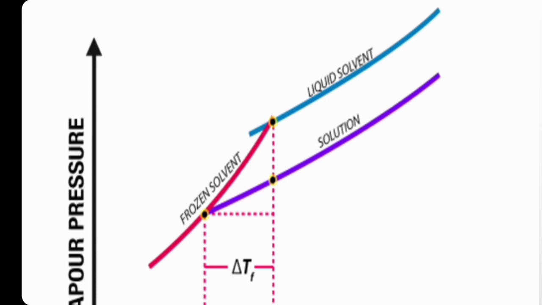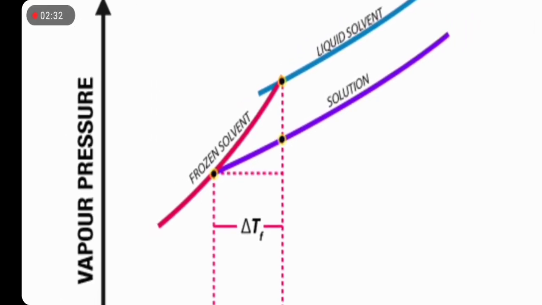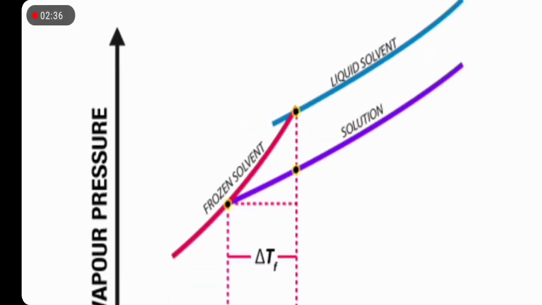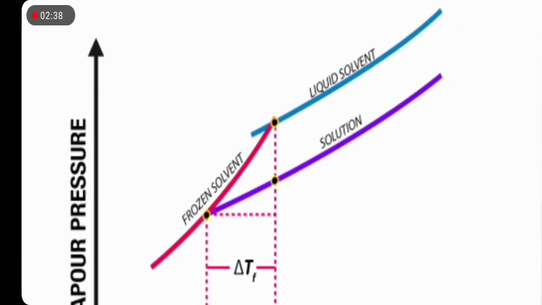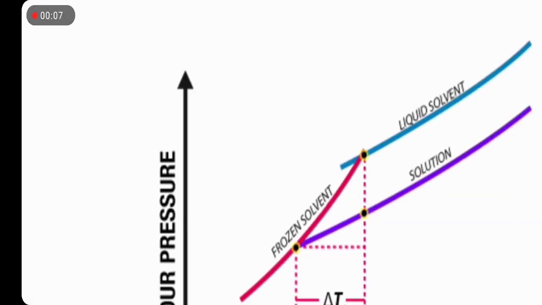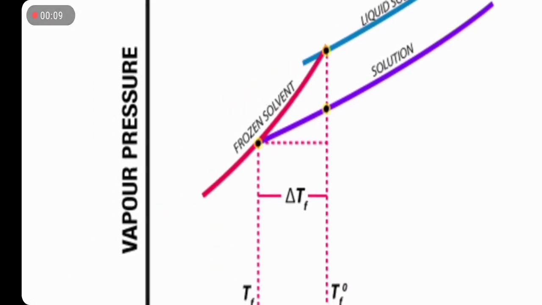Let's assume the temperature to be T naught. Because we are adding a non-volatile solute to the solution, the graph goes down, it shifts to the graph of the new solution. On adding a non-volatile solute, this graph will look like this, the graph of this solution.